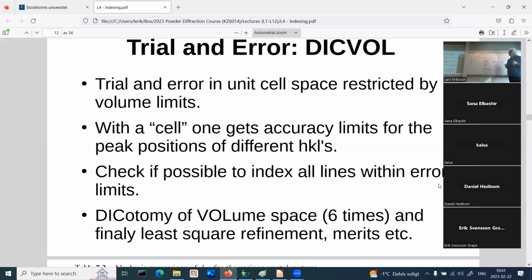In some sense it is a better choice than prior ones, because it will definitely visit all possible places in real space. The disadvantage with Dicvol is that it takes time.